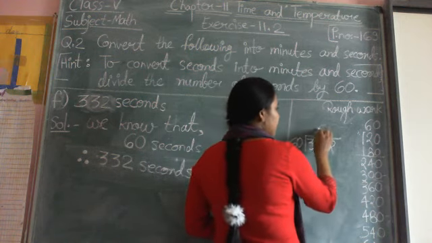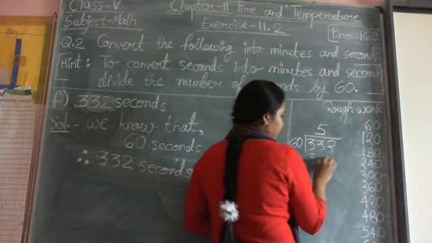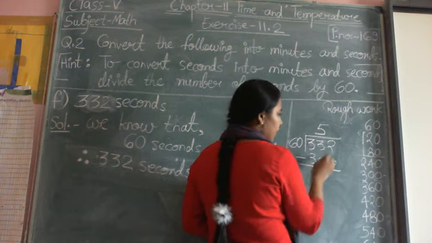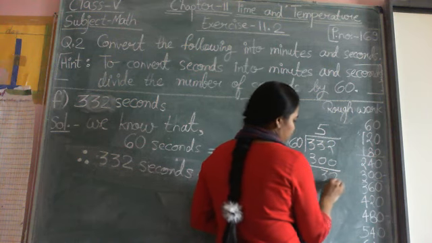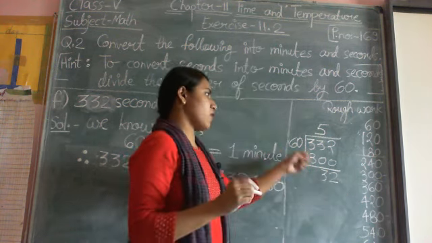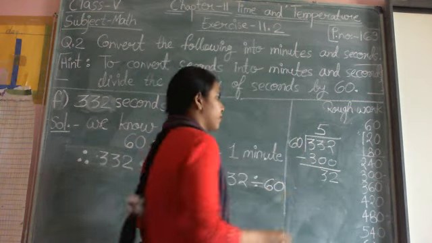So 300 comes in 5 times. 60 fives are 300. Now subtract 300 from 332. When we subtract, our remainder is 32, which is smaller than the divisor. So we have to stop division here.